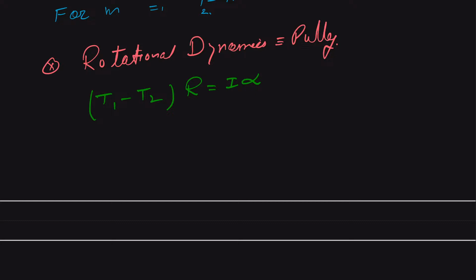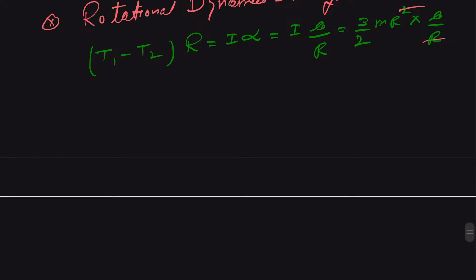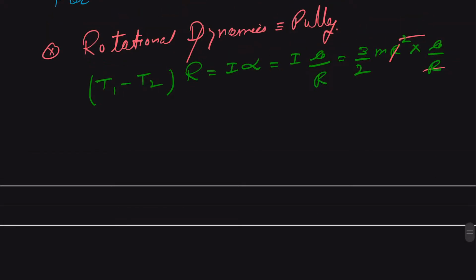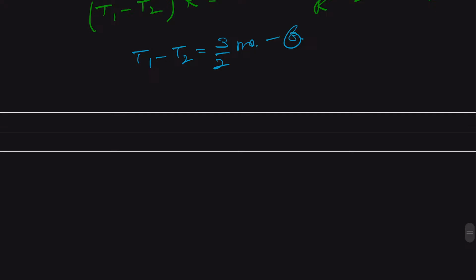We know alpha is the linear acceleration divided by r, and I we already know is 3 by 2 mr square times a upon r. Here r and r cancel out, so T1 minus T2 equals 3 by 2 times ma. Let us call this equation number 3. We have 3 equations, so we can easily sort it out.